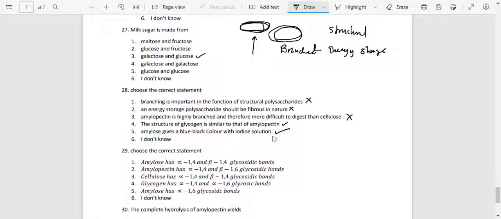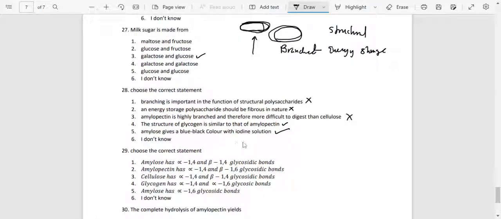This is also true. When you get amylose and you treat it with iodine solution, it's going to tend to blue-black. That is because the amylose gets to interact with the iodine solution, and this is what gives the test for starch, blue-black color.